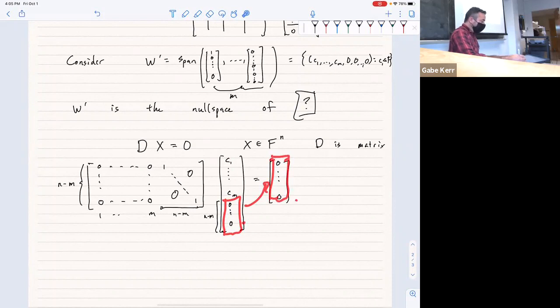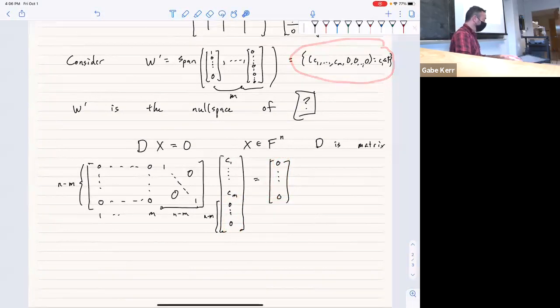So if this is non-zero, so is this. That says that the null space is precisely this W prime of this matrix. Great, we found a matrix that gives us W prime as its null space.